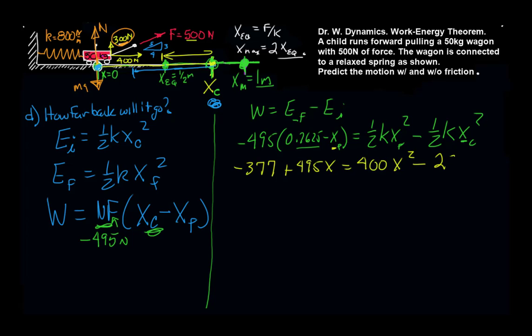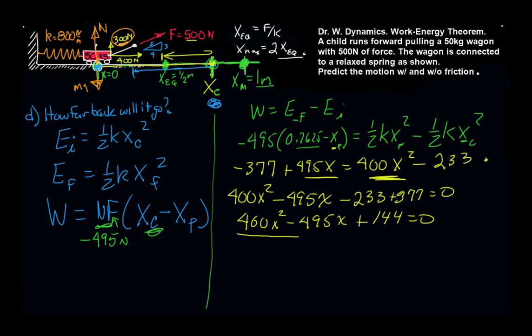Note that this is a second order polynomial, so let's rearrange this starting from here. We have 400 x squared minus 495x minus 233 plus 377 is equal to 0.